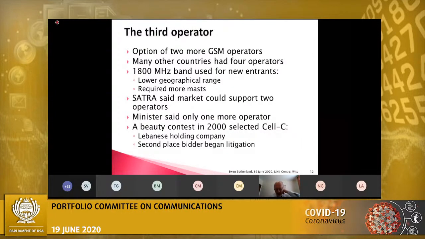The spectrum, if one is honest, had been designed to allow competition. Part of that design had come out of the US. Part of that design had come out of the European Union, which had by then somewhat enthusiastically adopted competition in mobile. And that became a model pretty much everywhere.